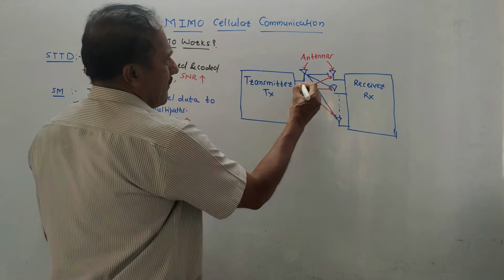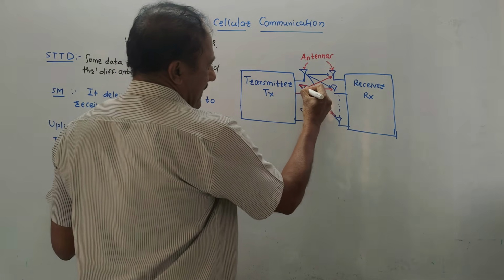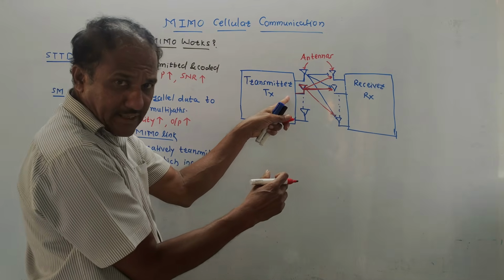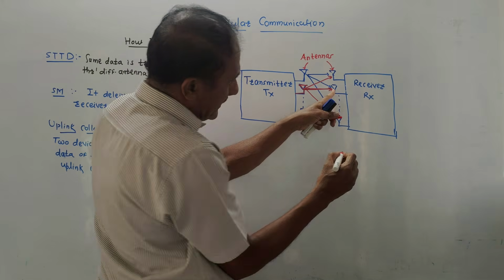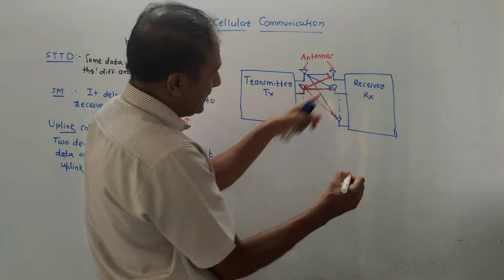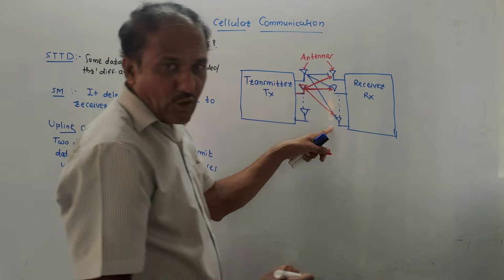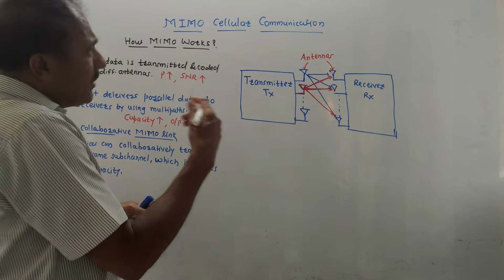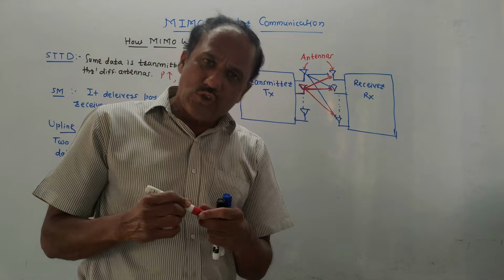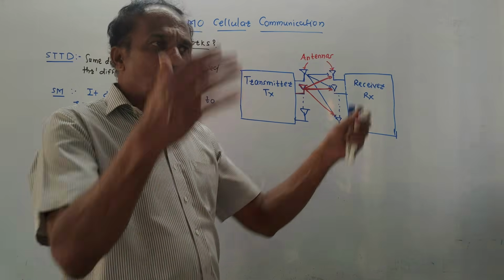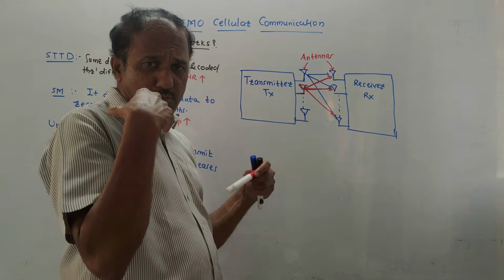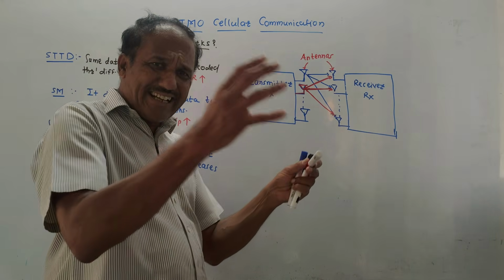I have shown different paths. For example, if I am talking about this antenna, then the signal can be transmitted like this. It is directly sent to the second antenna at the receiver side, or the signal may travel to the first antenna of the receiver, or to the nth antenna of the receiver, and so on. Basically, why use such a system? In urban areas, the major issue is that when signals travel, there are so many obstacles, like tall buildings and moving automobiles, and the signal gets obstructed.